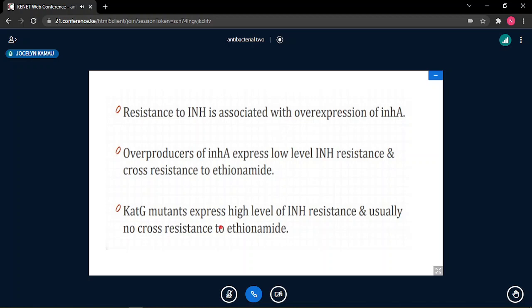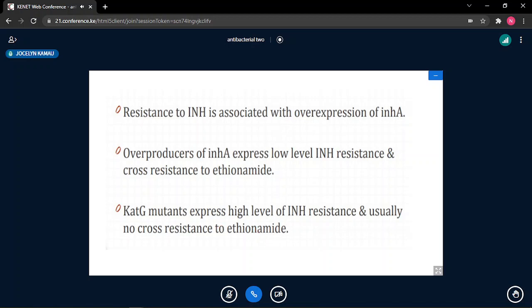It must first be converted to isonicotinic acid. This person has produced a katG which does not convert INH to the active moiety. So you do not have the active moiety, and definitely you will have a lot of resistance. And of course, there is no cross-resistance to ethionamide. So those are the three points I had on resistance.